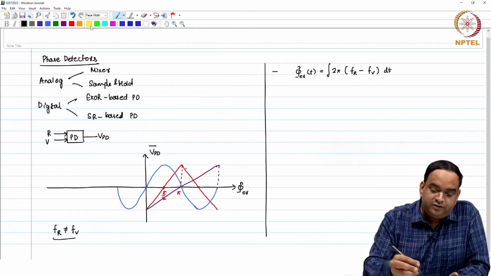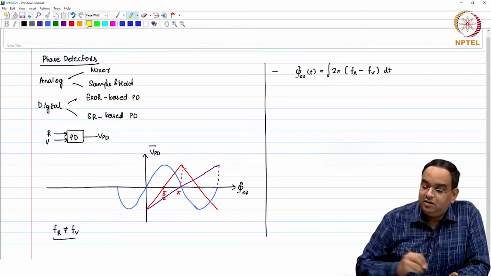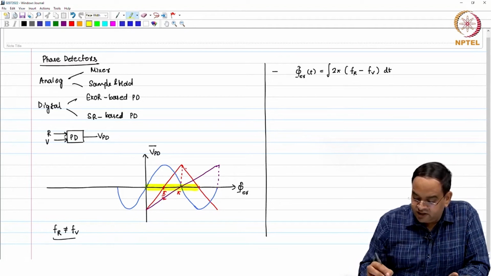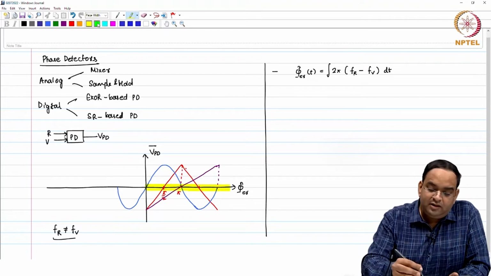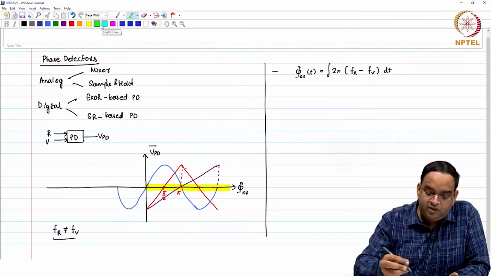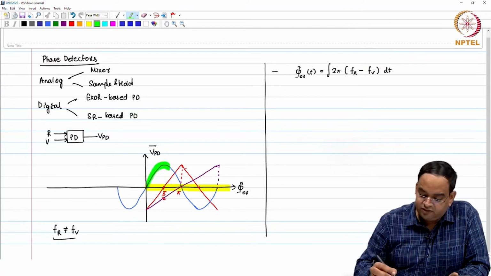So, what is going to happen for the phase error detector? If you give sinusoidal signals, the phase error keeps on increasing in this direction, and the VPD output which you are looking at over a period of time will have a sinusoidal waveform.